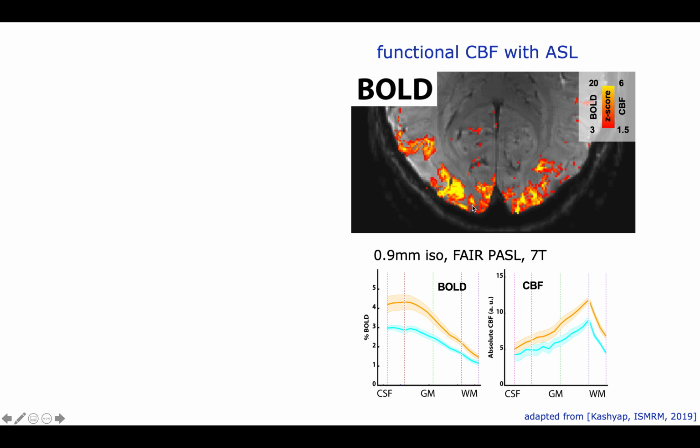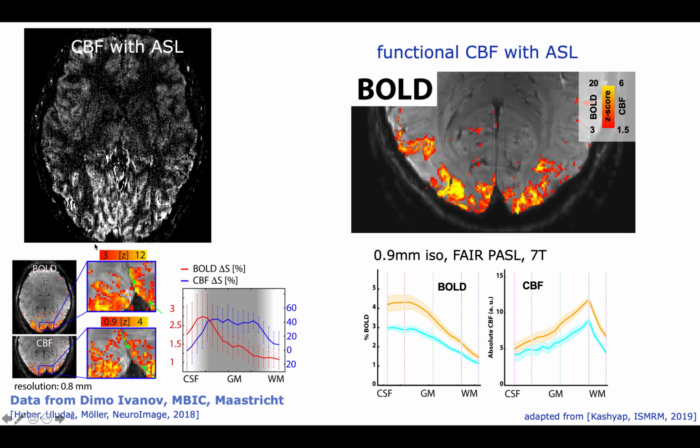It could mean that blood flow measurements are just more locally specific and we have less false positives in our activation map, or it could also mean that we are just noisier and have more false negatives. And in reality, it's usually a mixture of both. If you average a long time, up to a double-digit number of hours, then you can go up to 0.8 millimeter isotropic resolution and get pretty decent layer-dependent CBF profiles out of it.